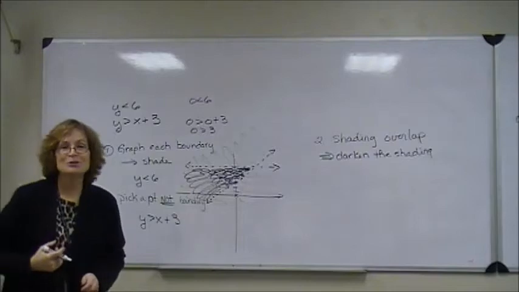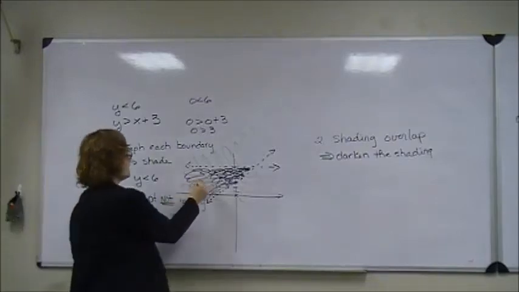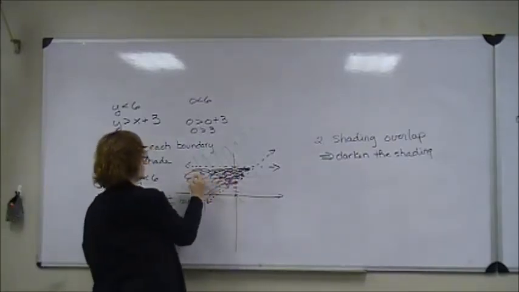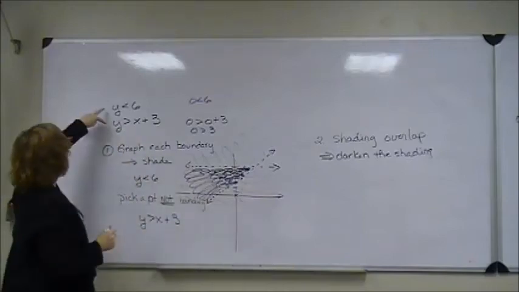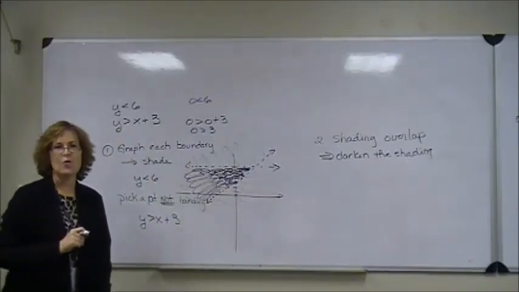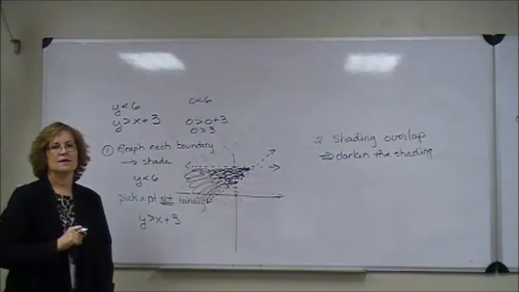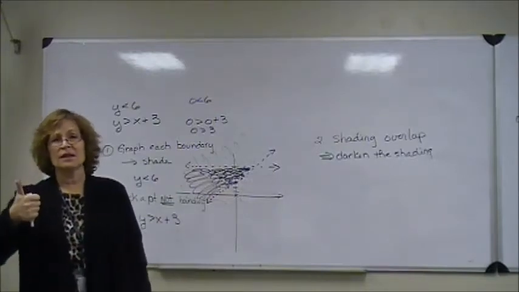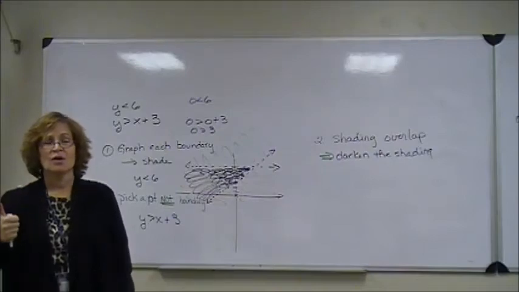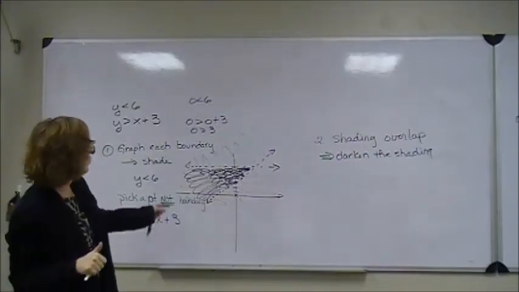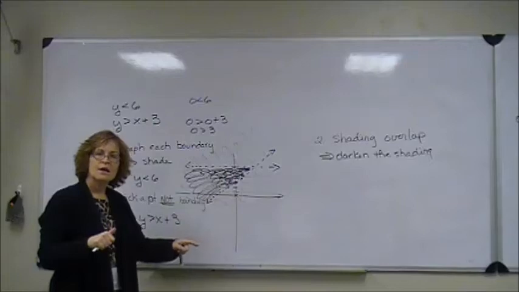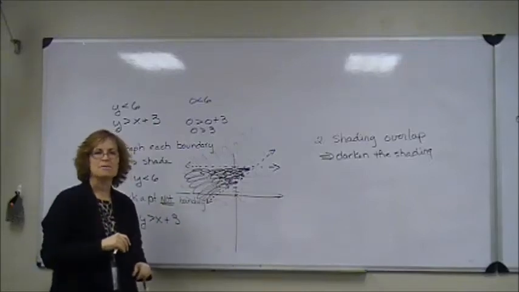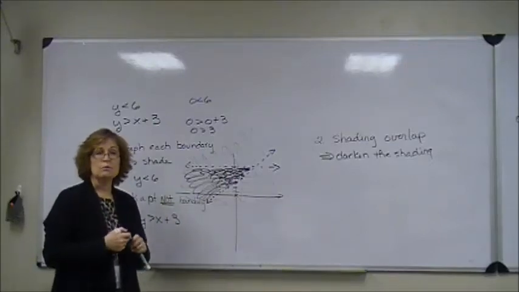That is my solution. So any point that I chose in this darkened area will satisfy both of those inequalities. Well, we've already graphed inequalities. That's nothing new. The only difference is we're going to graph two of them, and we're going to see where they overlap. So let's do one more.